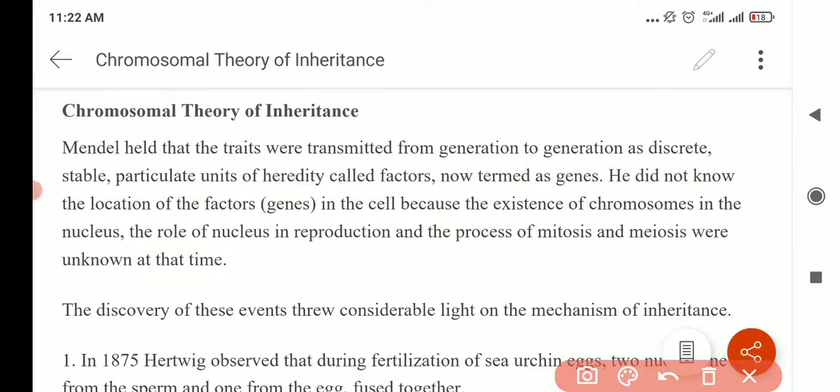He did not know the location of these genes, because at that time he did not have a microscope. It wasn't invented yet. Mitosis and meiosis were also unknown at the time, so he was limited by the knowledge of his time. But through his imagination, he was able to visualize exactly what it would be.